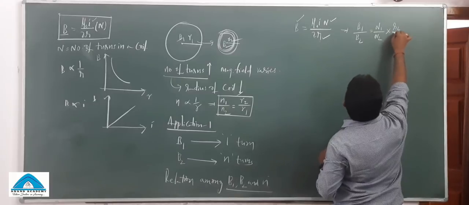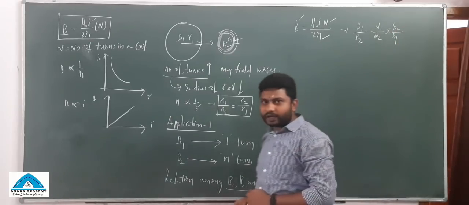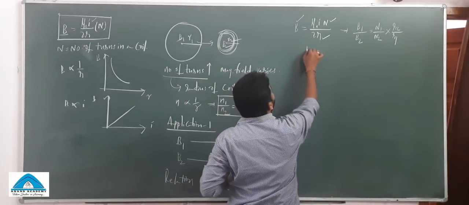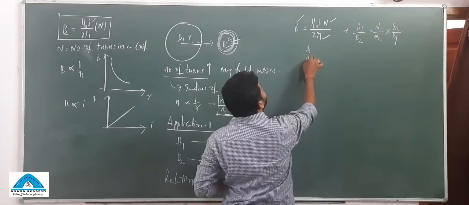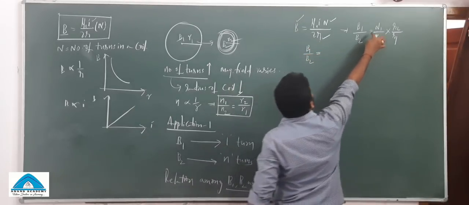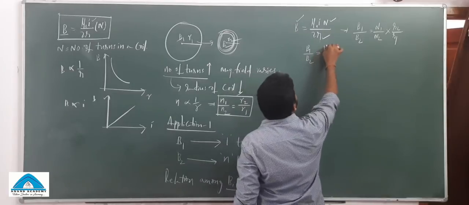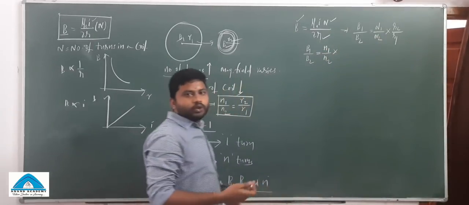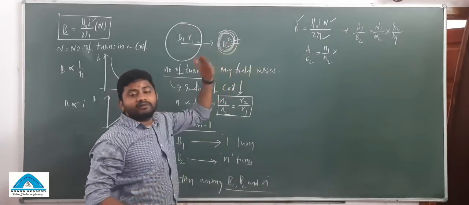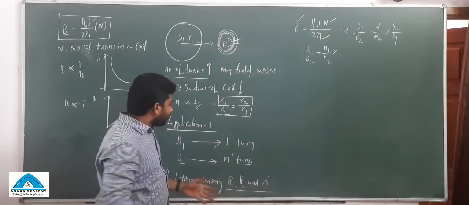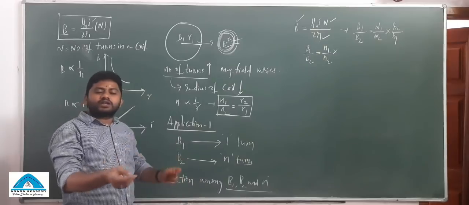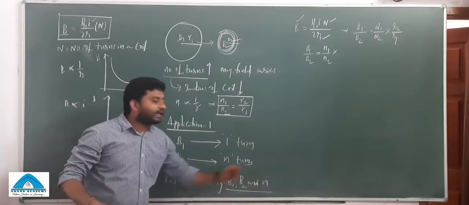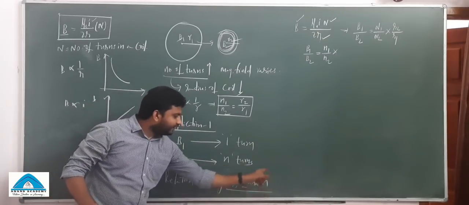So B1 by B2 is equal to N1 by N2 into R2 by R1. But you can write it in terms of N, because we need to find the relation only among B1, B2 and N. There is no point given about R.